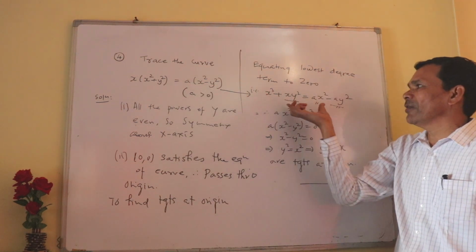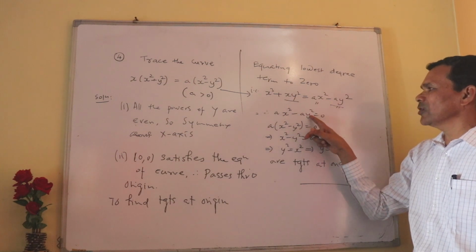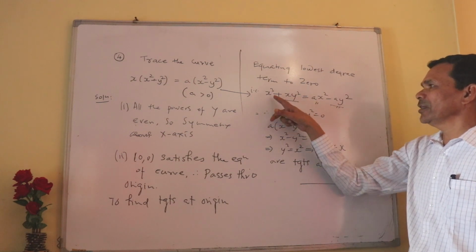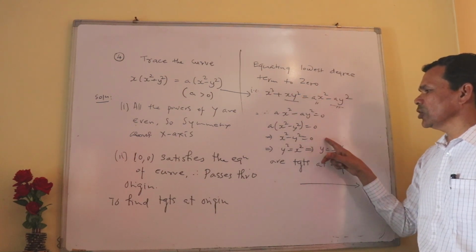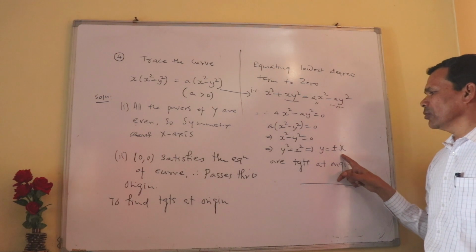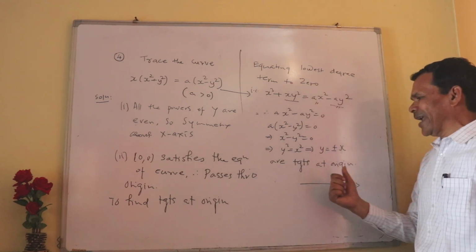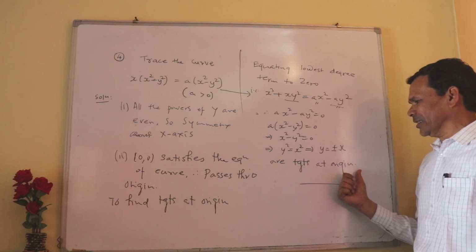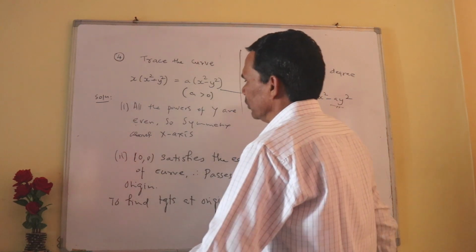So in this simplified form, the lowest degree term is a x square minus y square. Here the degree is 3, 3, here 2, 2. So it is equated to 0. So you are getting y is equal to plus or minus x. Two tangents, y is equal to x and y is equal to minus x, are the two tangents at the origin. So this is the completion of point number 2.